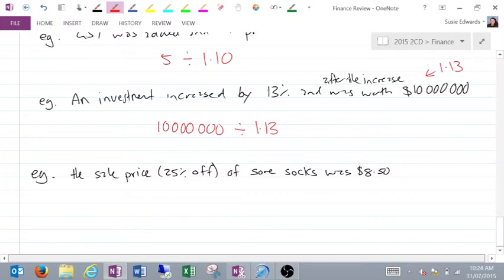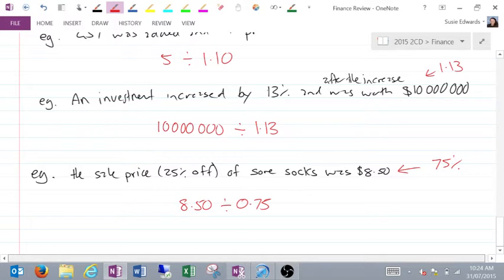Oops, sorry. The sale price. We've got 75% of it, yeah? So what do we do to find the answer? $8.50 divided by 0.75. Can everyone see what we're doing?